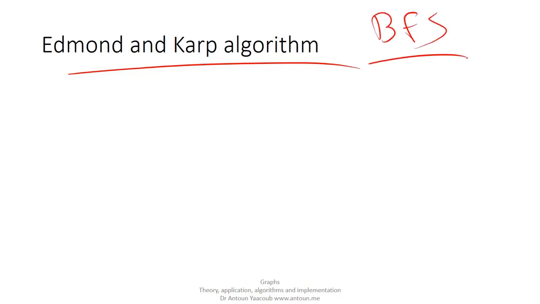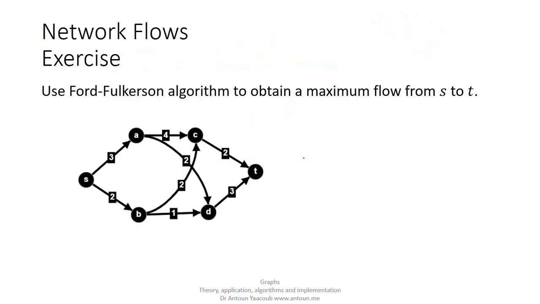So this is why we have covered BFS. It can be proved that after V times E BFS iterations, where these are the vertices and edges, all augmenting paths will be exhausted. Before moving to the implementation of augmenting path algorithms, let's do together some exercises in order to better grasp the idea.